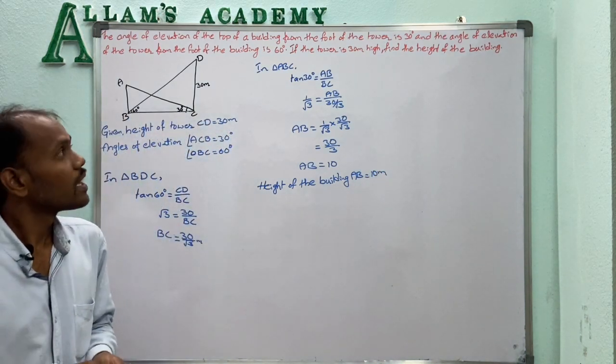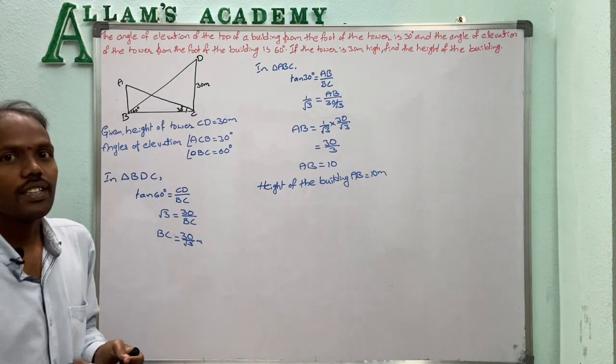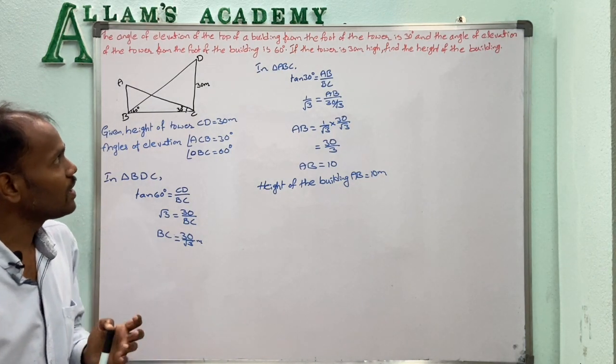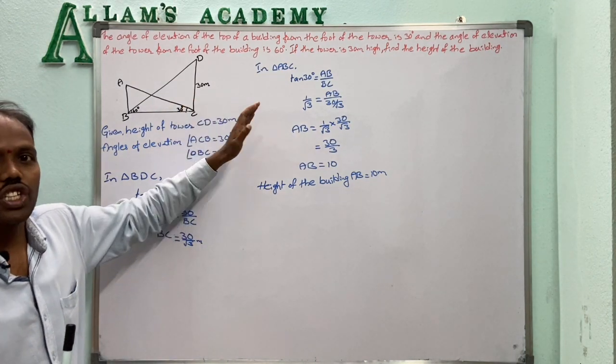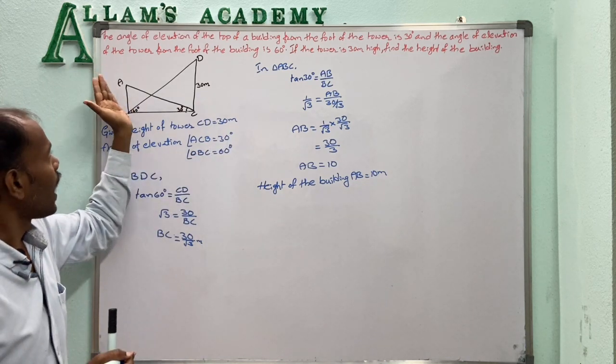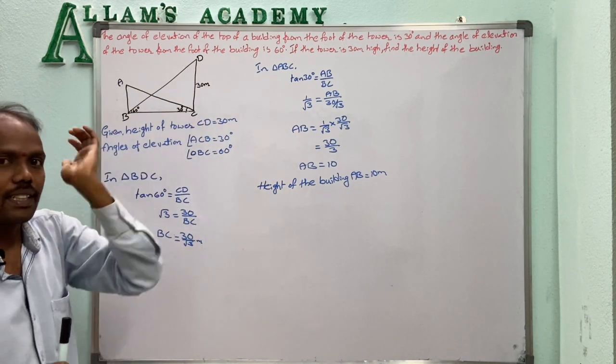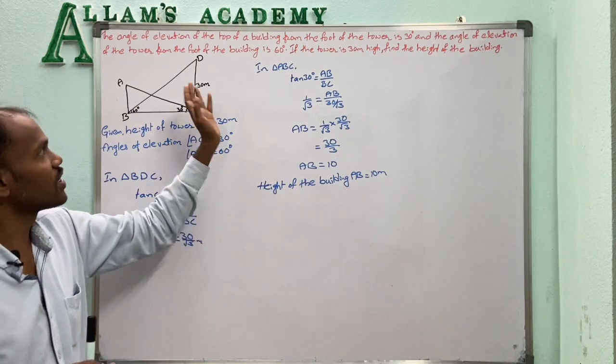Okay, this problem may be asked in another model, that is, find the ratio of the heights of building and the tower. That means 10 is to 30.